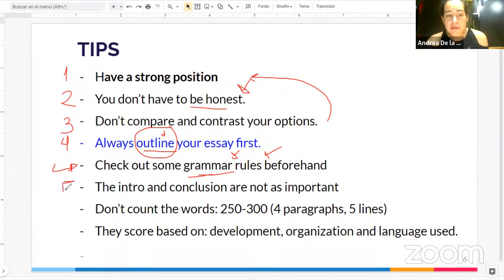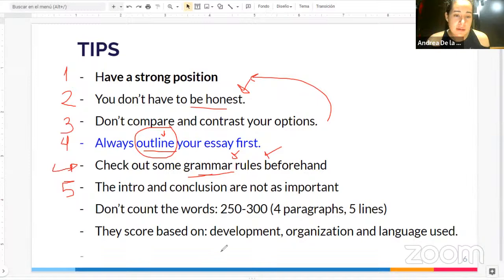Another tip, and I already said this before: in the writing section, your essays shouldn't be creative essays. You shouldn't be worrying about having an interesting introduction and a fun conclusion and making it appealing or attractive for the reader. Your goal here is just to demonstrate that you know how to write.